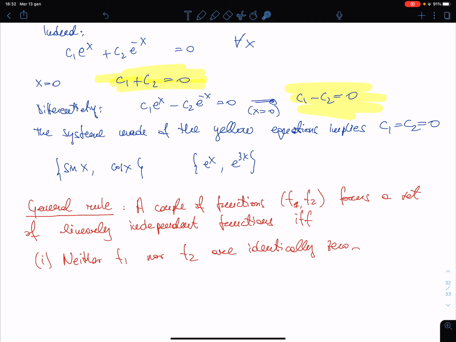If one of them is trivial, then this set is not made of linearly independent functions.